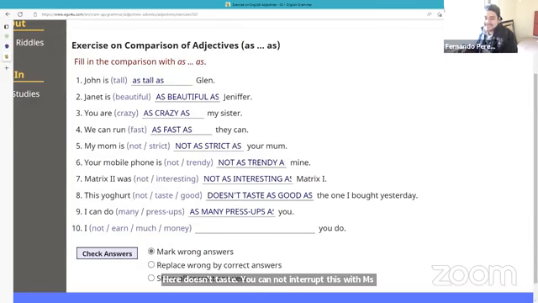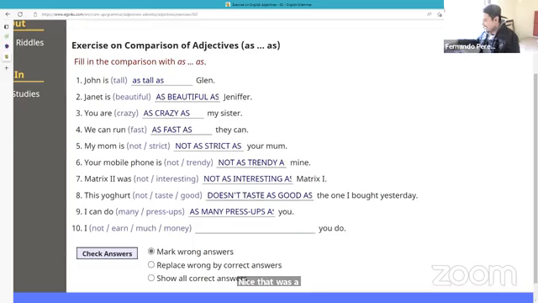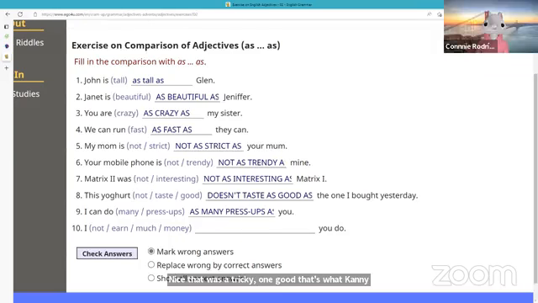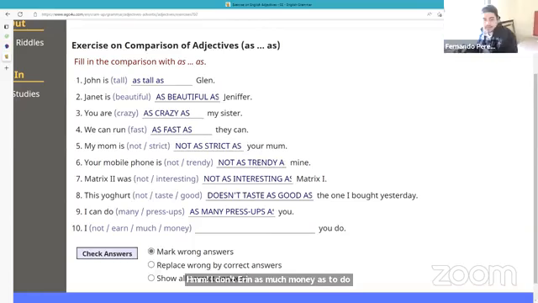Nice. That was a tricky one. Good. Last one. Connie. I don't earn as much money as you do. Very good. This is very similar to Sophie's example.